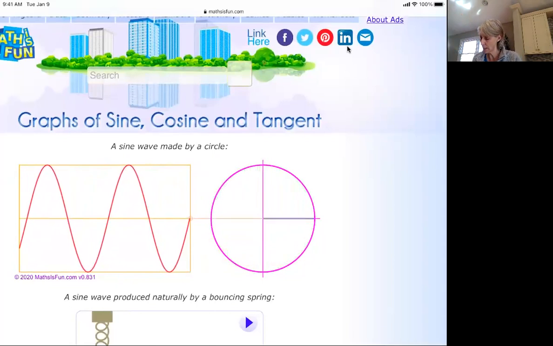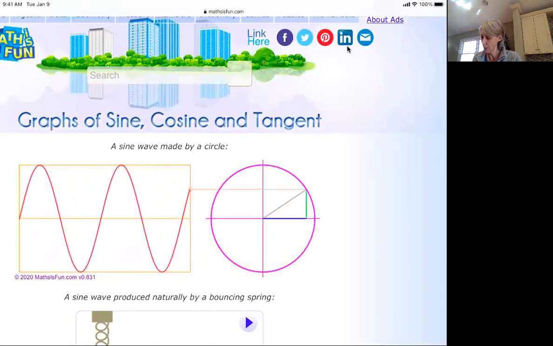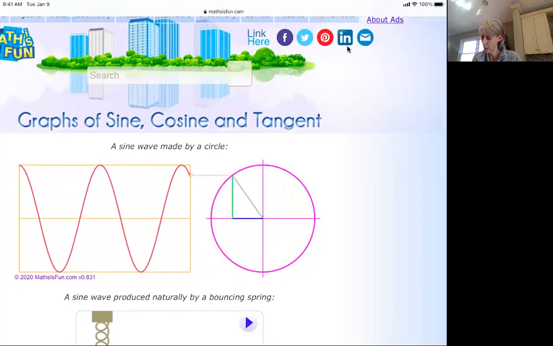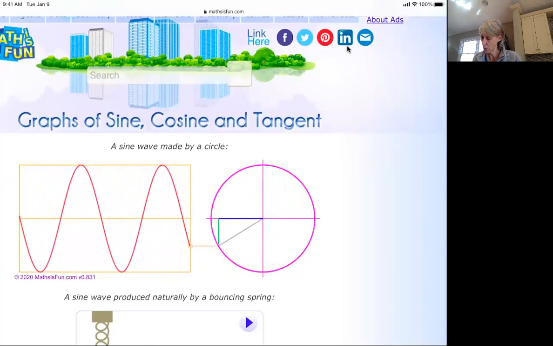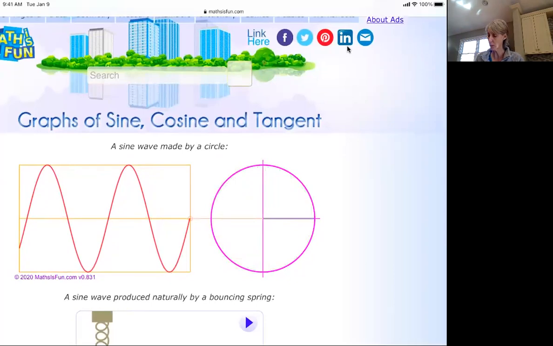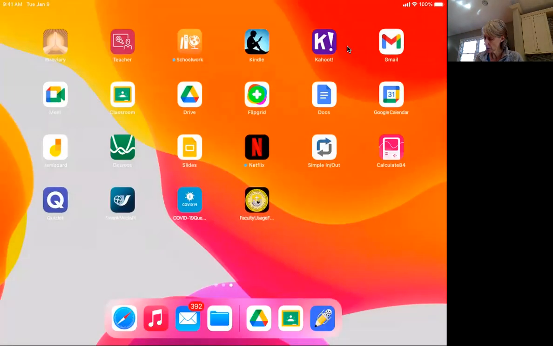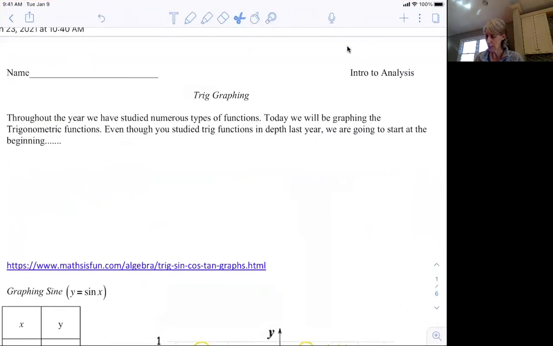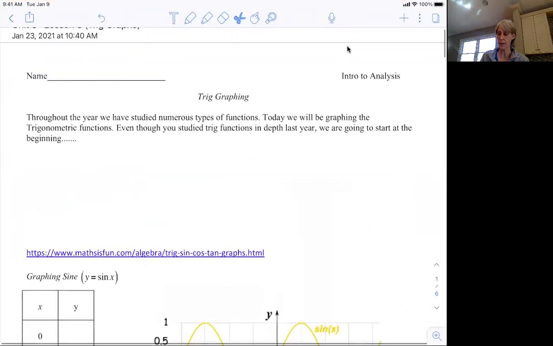Once again, I'll show you that. Opening up the curve, you notice it's going up and down according to what the sine value is on our unit circle. So let's talk about this and how it relates to helping us graph that function.